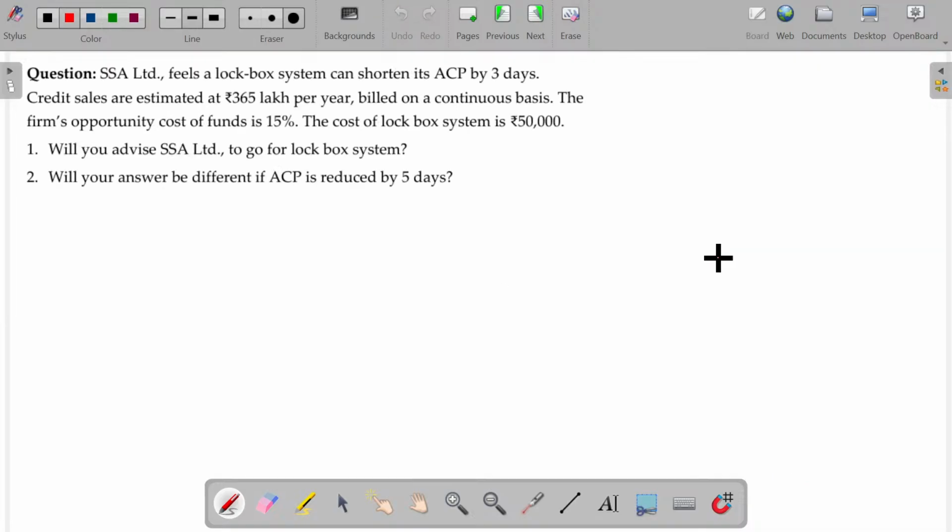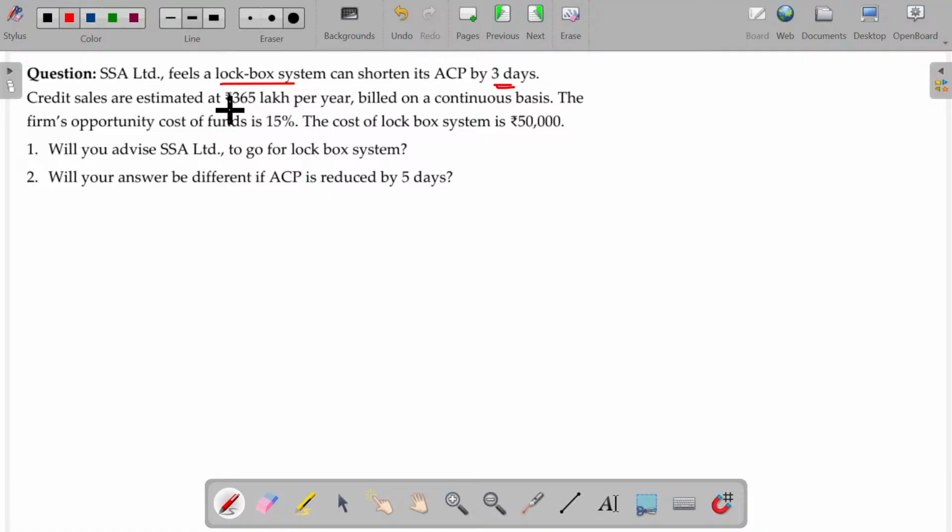Now here you see. SSA Limited feels a lockbox system can shorten ACP by 3 days.